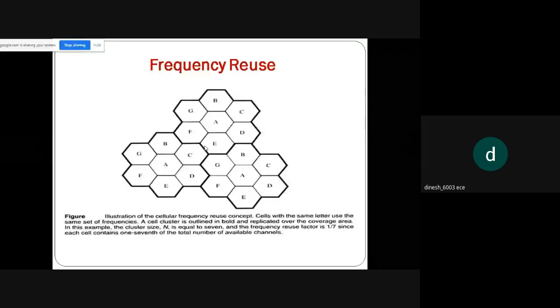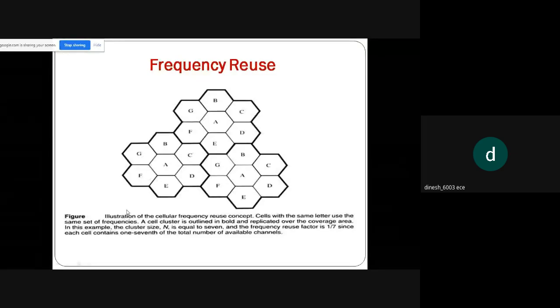Vertices are these places. The base station transmitter will be at the center or at the vertices, at the joining of B, C and A here, or A, C and D here, or A, E, D here, or A, F, E here, or G, F, A here.